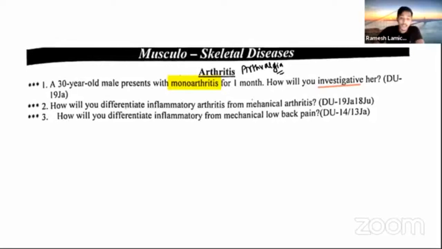They ask about the types, like monoarthritis. We have three types of arthritis: monoarthritis, oligoarthritis, and polyarthritis. Monoarthritis means involvement of one joint group. Oligoarthritis means involvement of 2 to 4 joint groups.